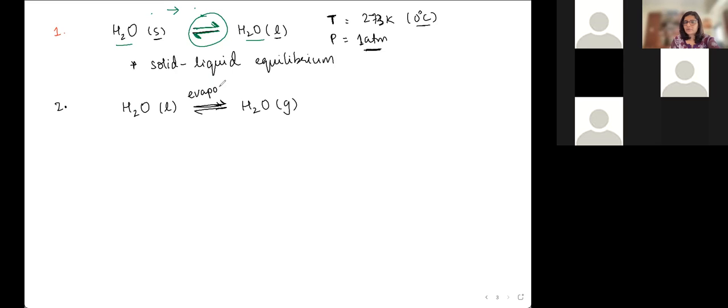It doesn't have to be boiling. And its reverse process is condensation. Again, you have something called a dew point, which when it is reached, condensation can happen at any temperature. Okay, so this is a liquid vapor equilibrium.